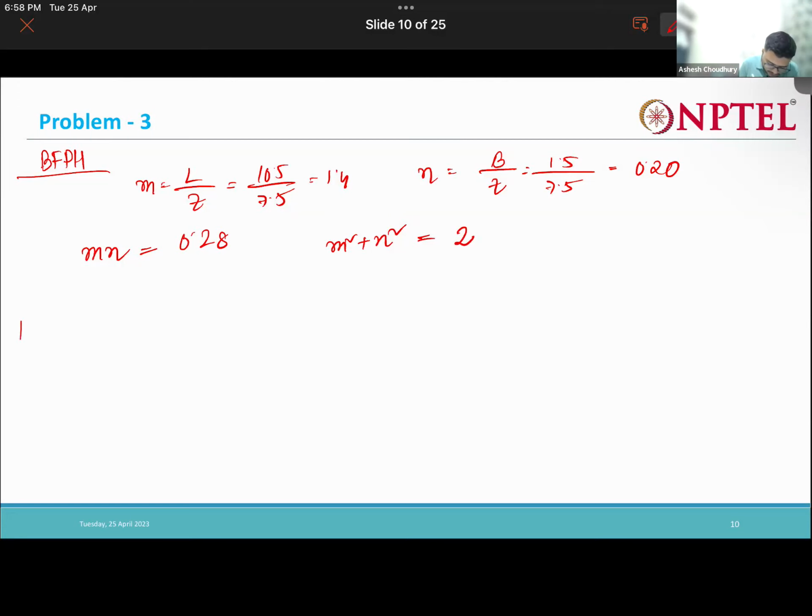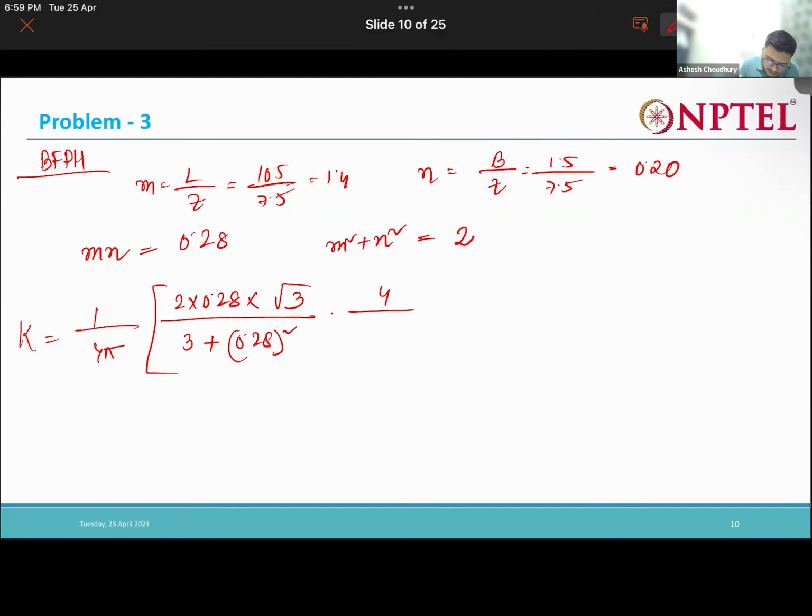Again, we will put it in this relation: 2 into 0.28 into root over 3, by 3 plus 0.28 square, plus tan inverse 2 into 0.28 root over 3, by 3 minus 0.28.